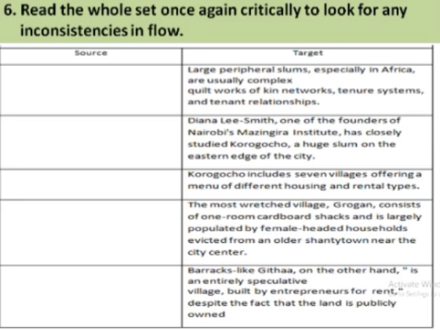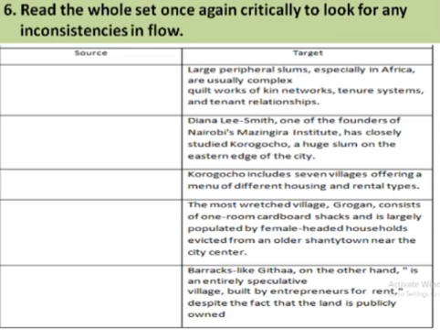We will see: large peripheral slums, especially in Africa, are usually complex coiled works of kin networks, tenure systems, and tenant relationships. Okay, so this is a sentence which we can again critically analyze, that doesn't need any preface, anything that comes before it.